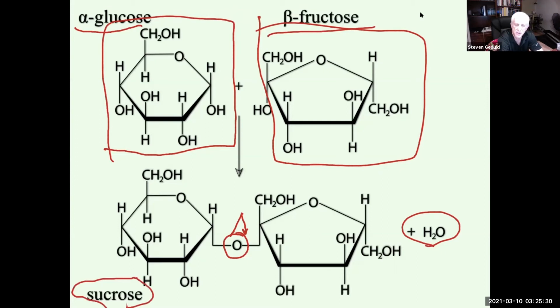So you've got a 6-carbon sugar and a 5-carbon sugar, and they're linking together through a glycosidic bond. It's the same reaction we've been doing. These are both hemiacetals, and they link together to form an acetal group. That's your glycosidic bond that does it.